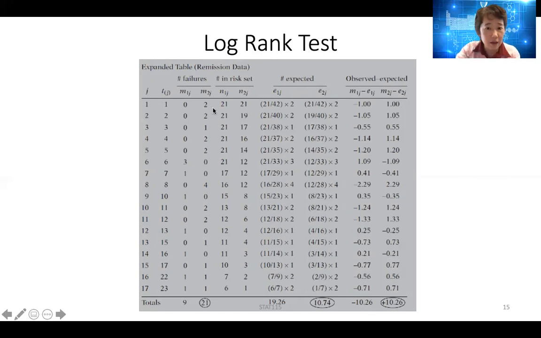This is the number of failures. Failure means either the patient died, or it could be relapse, or whatever event you want to capture. And this is how many patients are still in the study in the 2 groups.